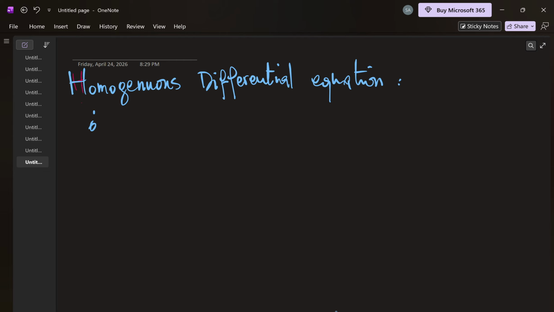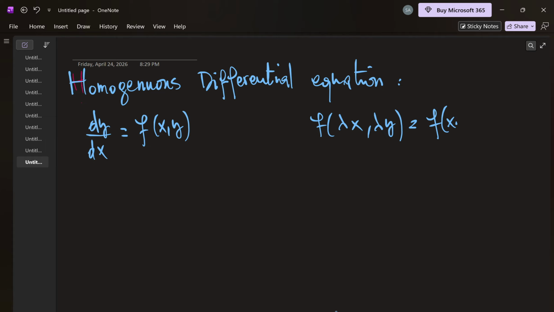A homogeneous differential equation is an equation of this form: dy over dx equal to some function of x and y. But this function is homogeneous. What this means is that f of lambda x, lambda y is equal to f of x and y.